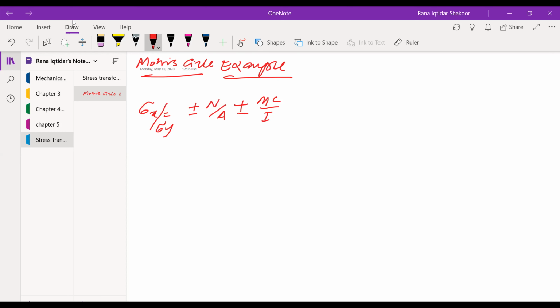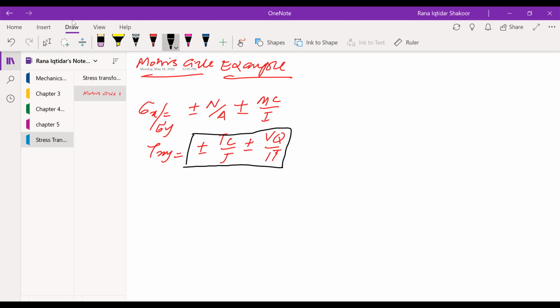So these are the two normal stress values. Likewise, you can go for the tau xy, that is again plus minus Tc over J, plus minus again, that is VQ over It, right? So these are the two parameters which contribute towards the shear stress.